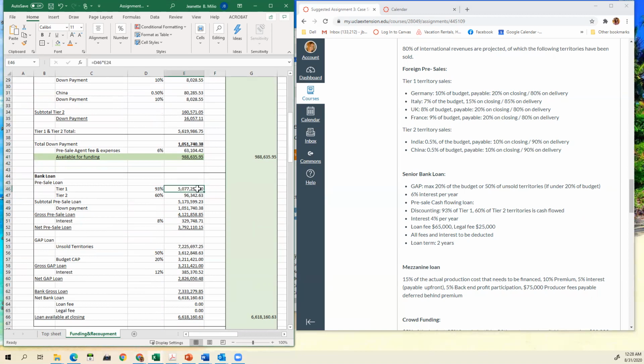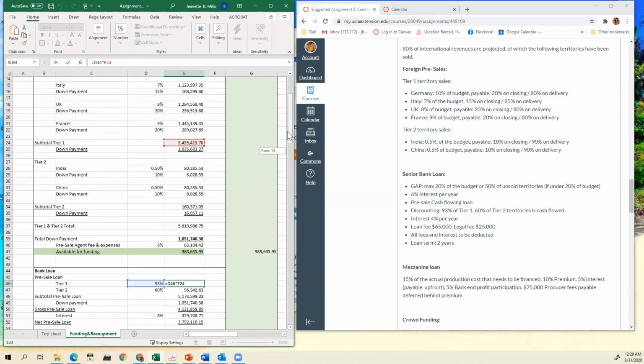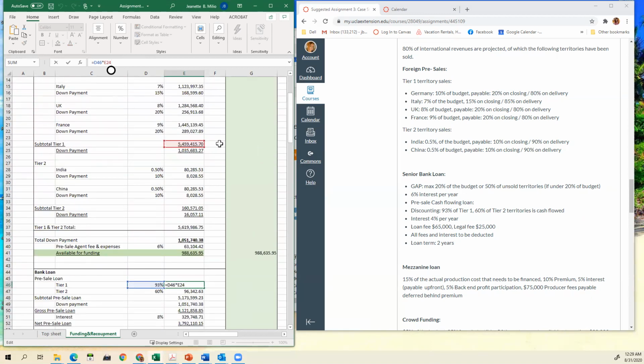I'm actually going to click on this, and then you'll see where it comes from. 93% of our Tier 1 total, which was 5,459,415.70, and 93% of that is 5,077,256.60.